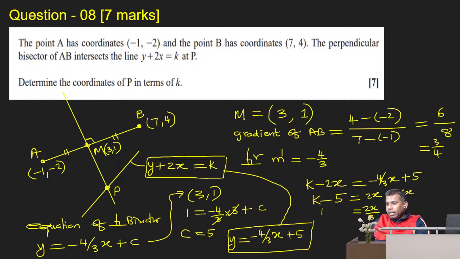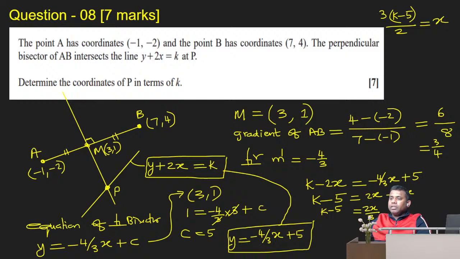So k minus 5 times 3 over 2 is my x coordinate. We found the x coordinate as 3k minus 15 over 2.